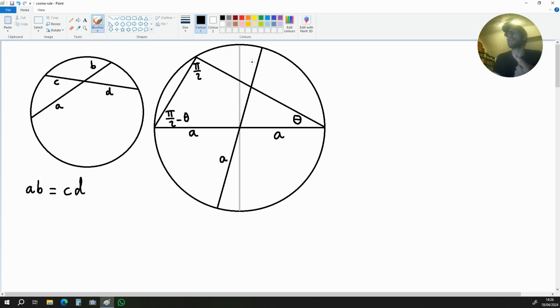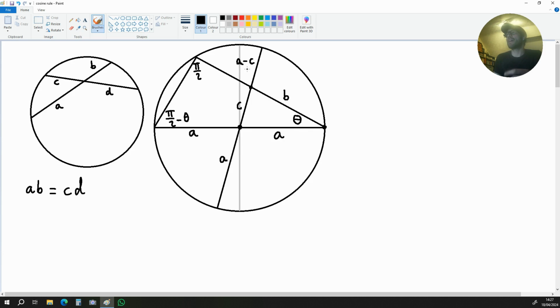Now, if this length over here is C, that is from the center of this circle to over here, then this length over here is going to be A minus C. And what we're going to do is call the length over here B. So that's from here to here.